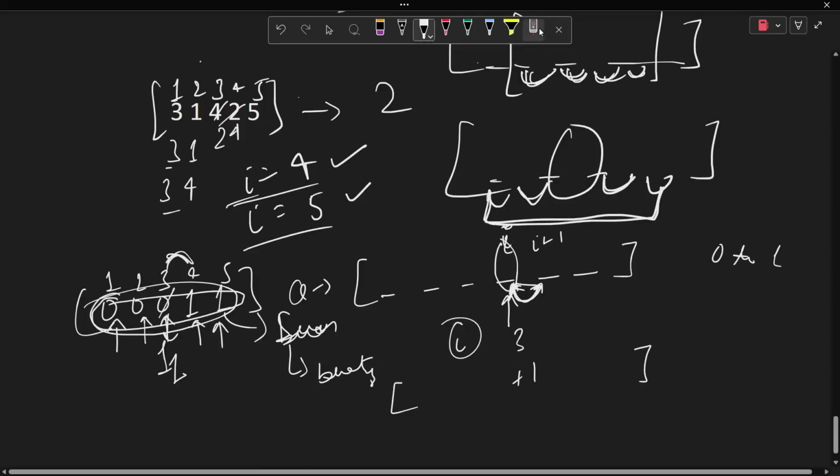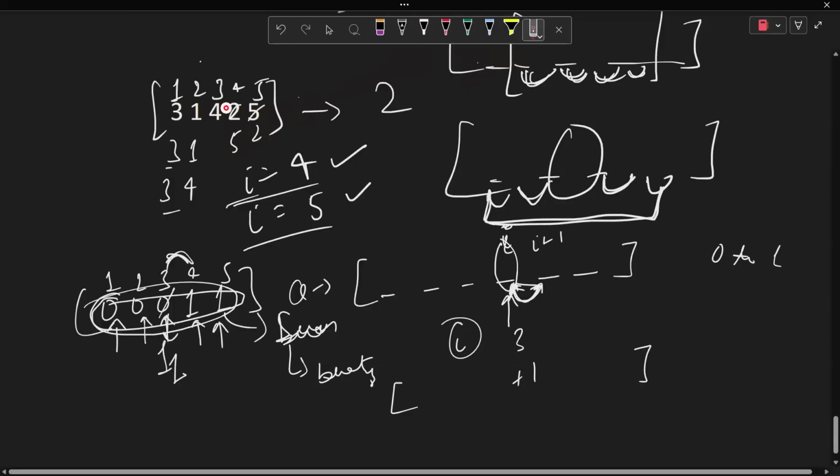And let's take another example where I swapped these two indexes. Whatever I had before, I had 4 and 2, let's say I swapped these two indexes, so it would become 2 here and 5 here.